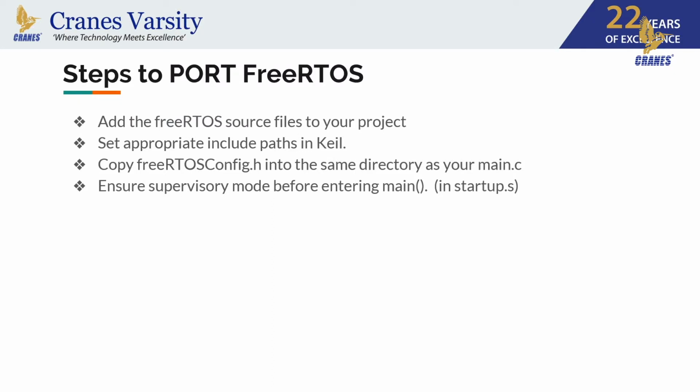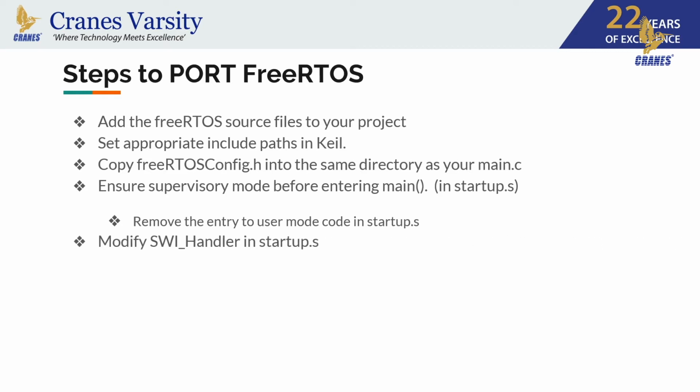The fourth point, we are going to make sure we are in supervisory mode before entering our main program, and that modification can be done in our startup.s. So we are going to remove the entry of the user mode code in our startup.s. Next we are going to modify our software interrupt handler, the SWI handler, in our startup.s. So these are all the 5 points we are going to do in order to port our FreeRTOS into our LPC2129. Now we will create our new project and get started.